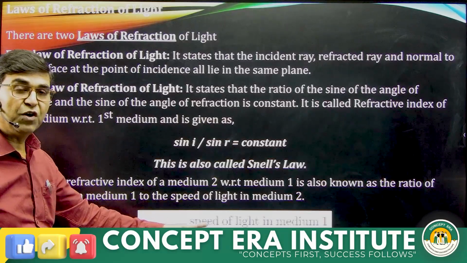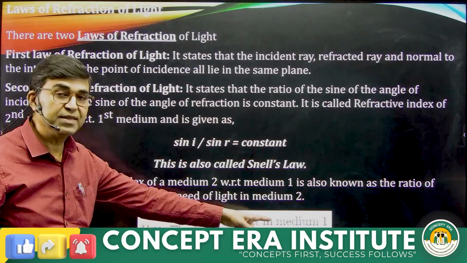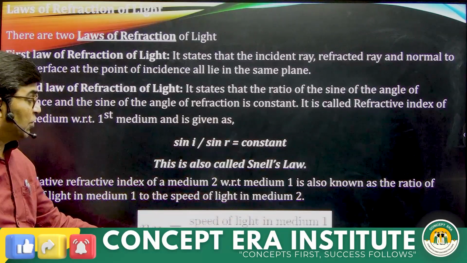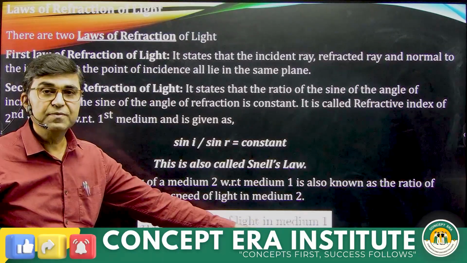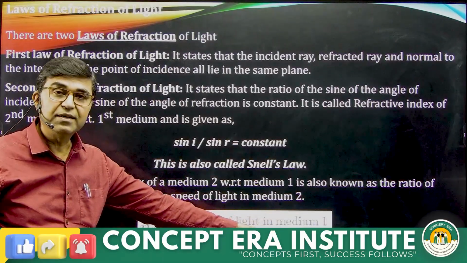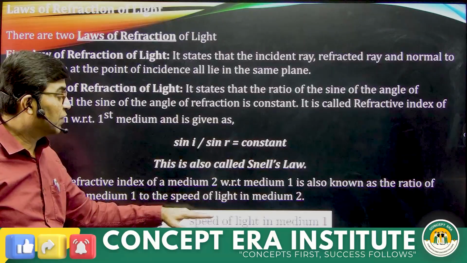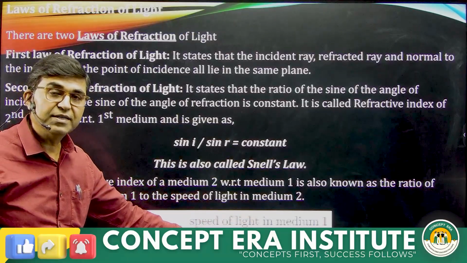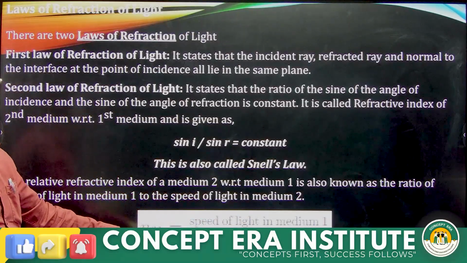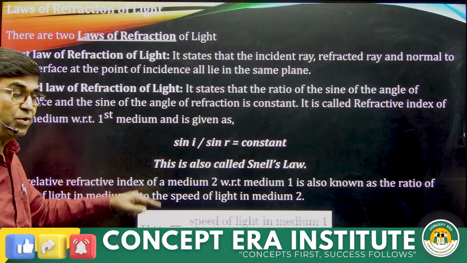It is the ratio of the speed of light in medium 1, that is air, divided by the speed of light in medium 2, that is glass. So speed of light in air divided by speed of light in glass will give the refractive index of what? Glass with respect to air.